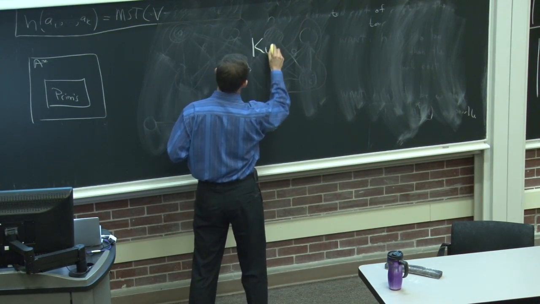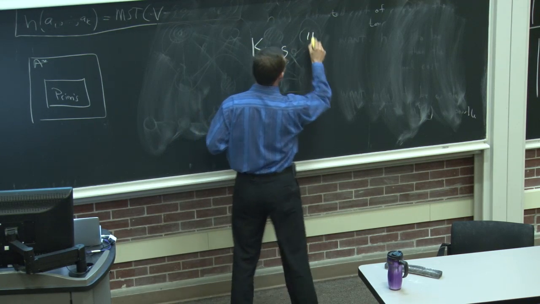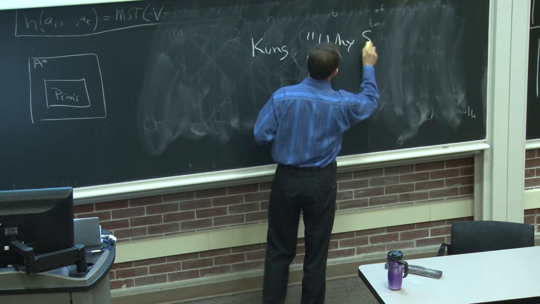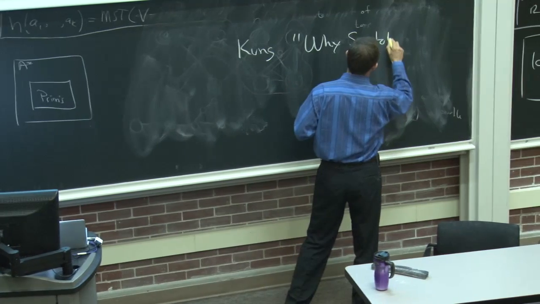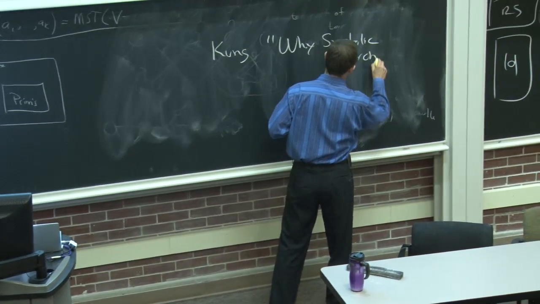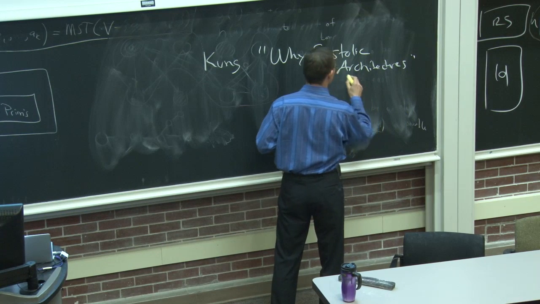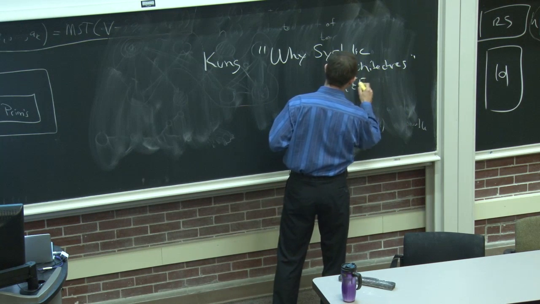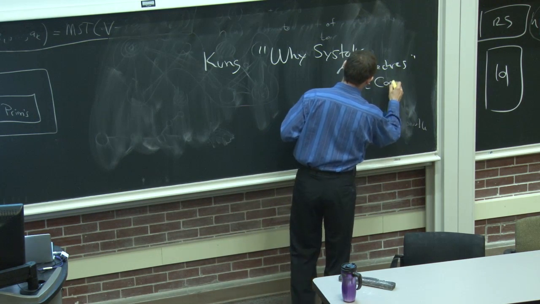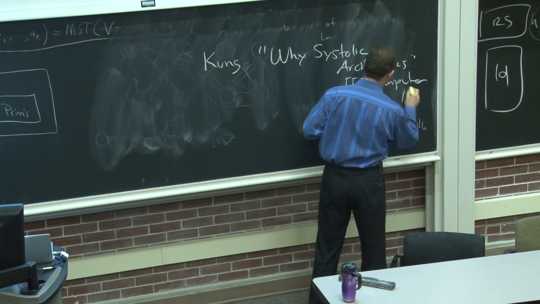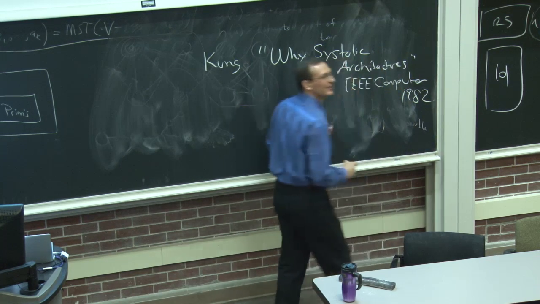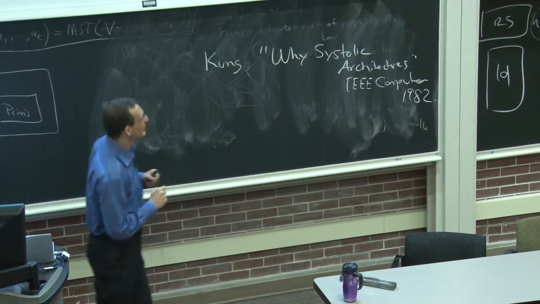And if you're interested in this, Kung has a very nice paper called Why Systolic Architectures. I think it's IEEE Computer 1982, right? And Justin or Jason can correct me if that's wrong. I got the title of that other paper wrong.